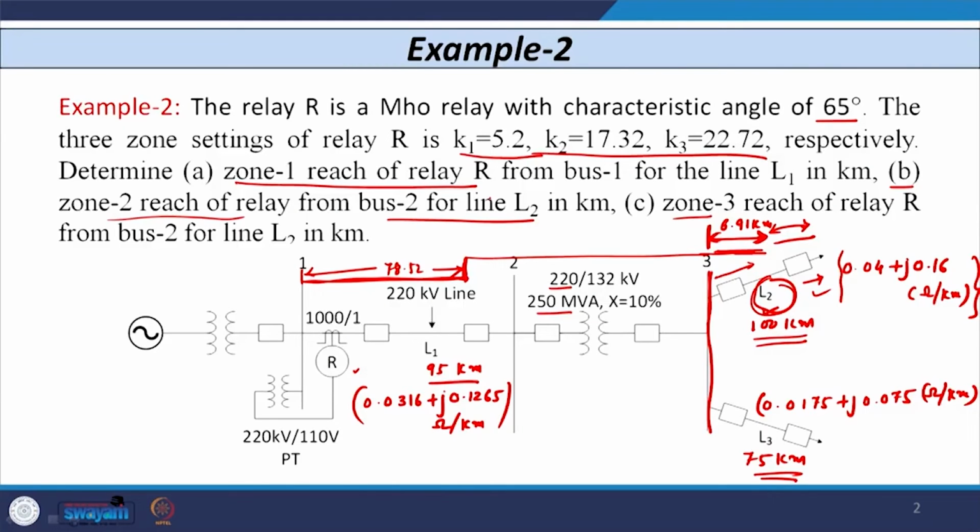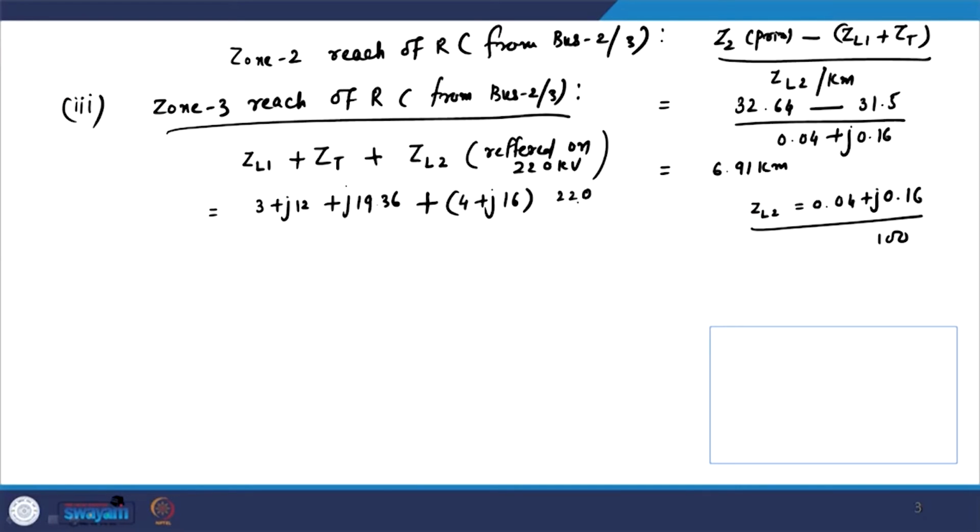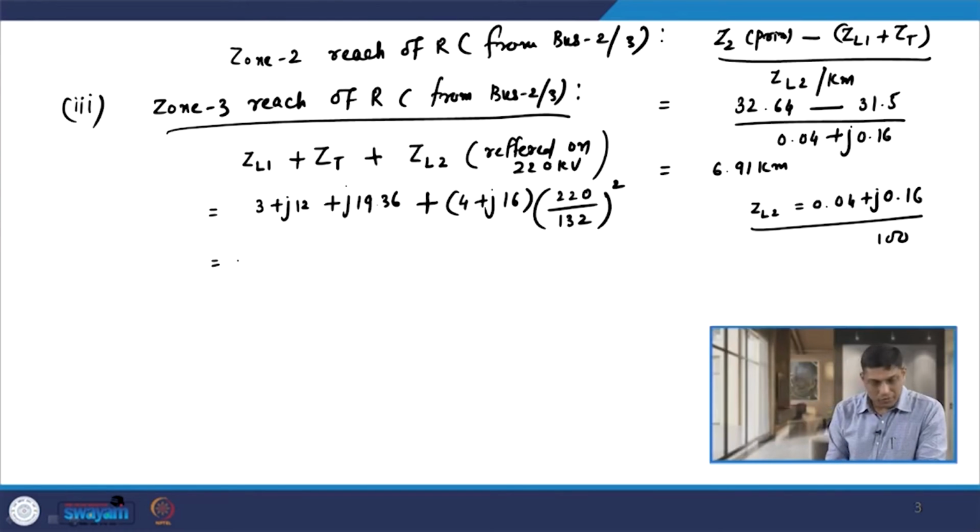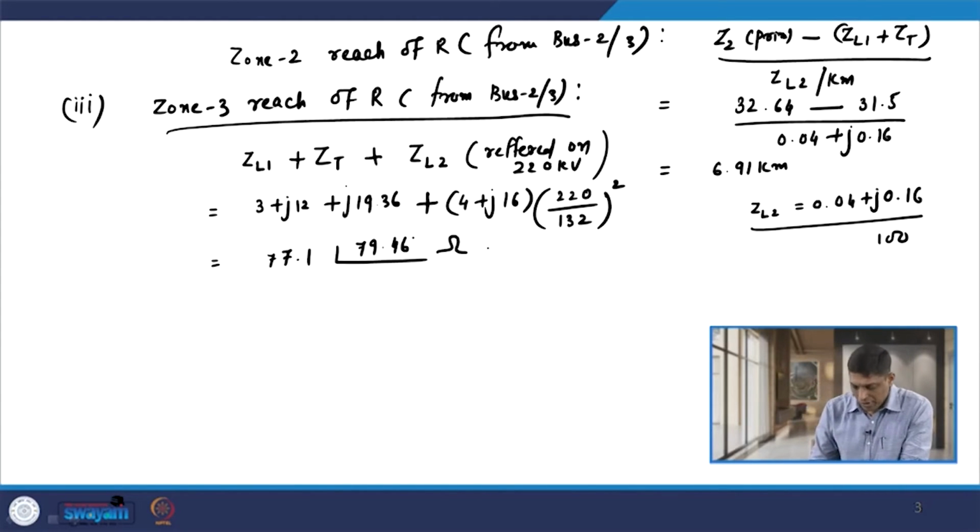So, it is multiplied by (220/132) whole squared. If you solve this, you will get the final value, that is 77.1 at an angle of 79.46 degrees ohm.